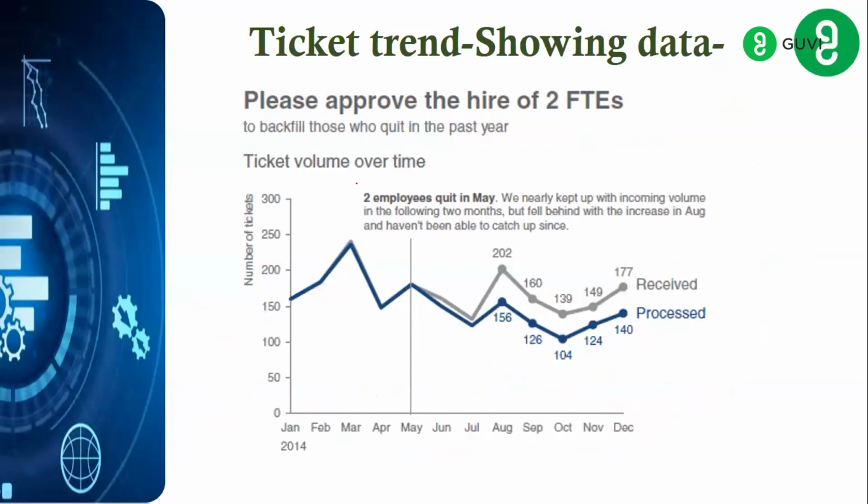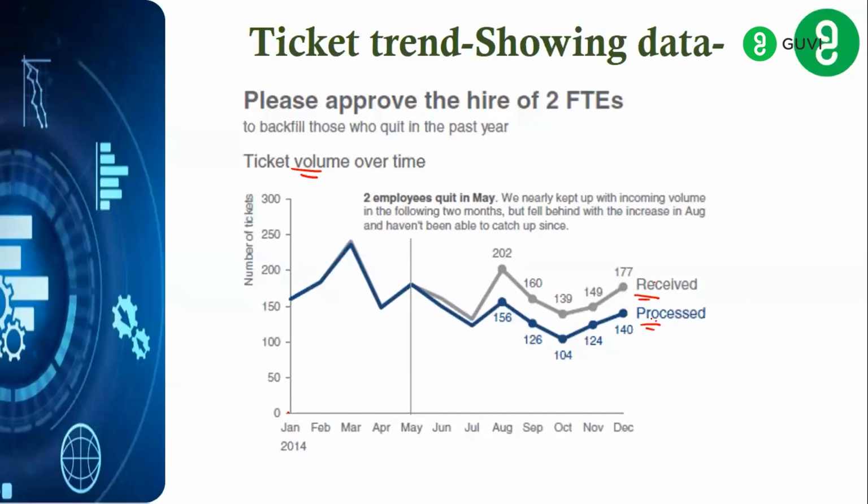See, ticket volume over time. By seeing the graph itself, I can understand that the blue represents processed tickets, and this light gray represents received tickets.